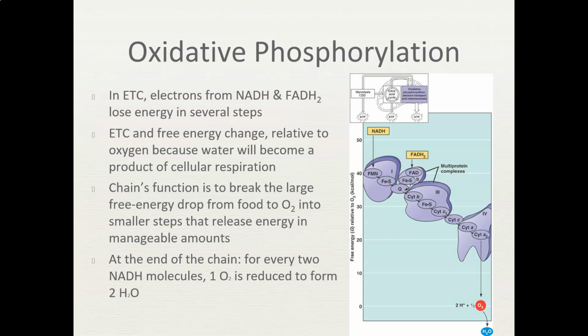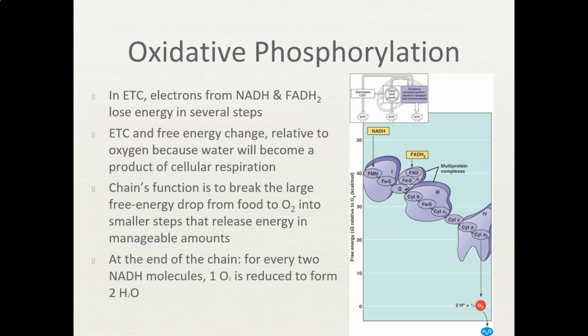These proteins, remember, are going to allow us to break down that free energy that we're getting from these electron carriers, which had ultimately been bound up in the bonds in glucose, and do it in bite-sized chunks, right? So that we can do it little by little by little, so that we can actually harness that energy and store it.